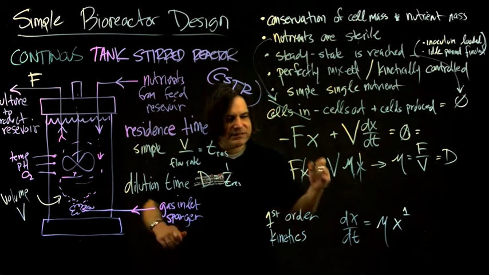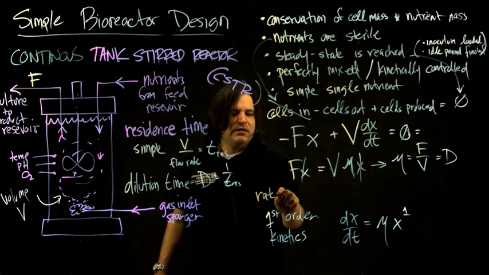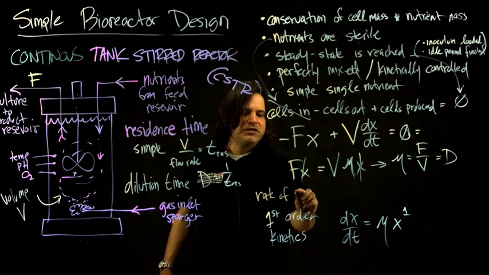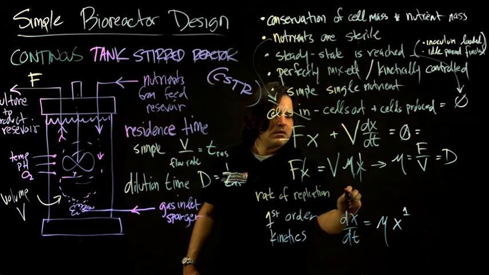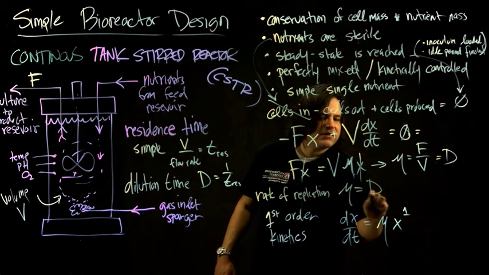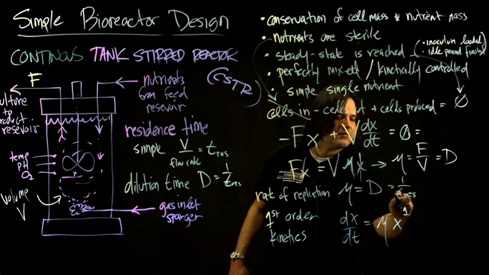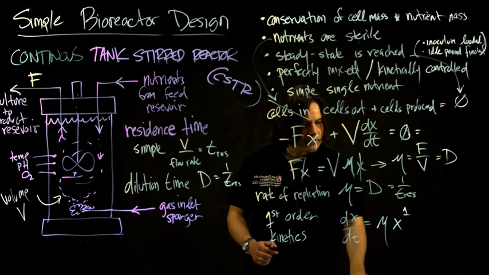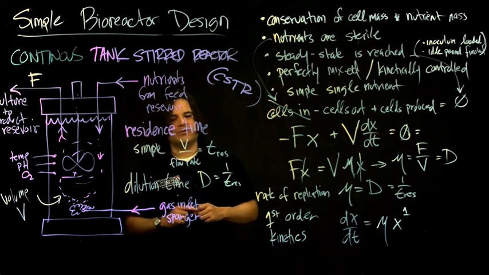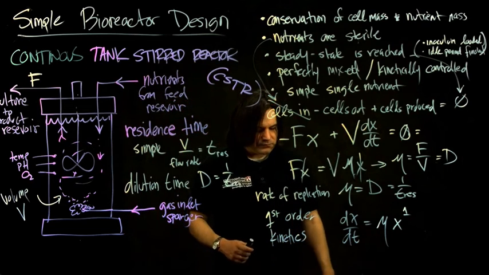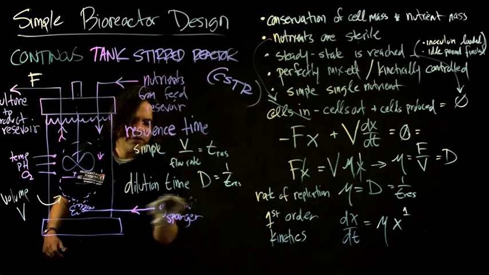What that says is that the rate of growth, rate of replication, mu equals D. So it's related to the residence time. That's pretty interesting. When you have first order kinetics in an ideal reactor, you get a very simple result.